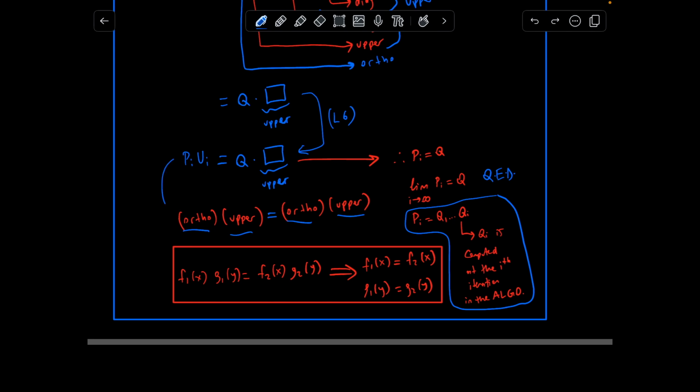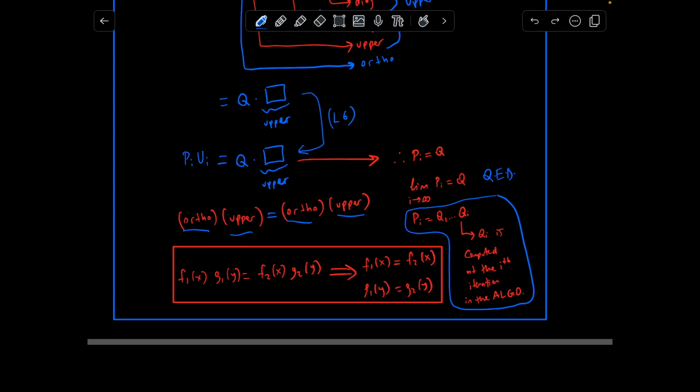I am drawing a parallel: f1(x) times g1(y) equals f2(x) times g2(y). If you had that, you would write f1 equals f2 and g1 equals g2.